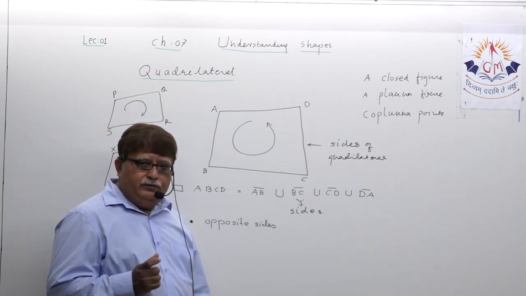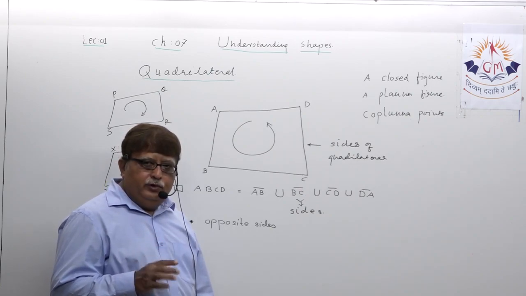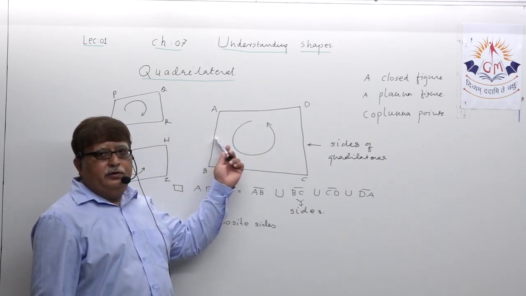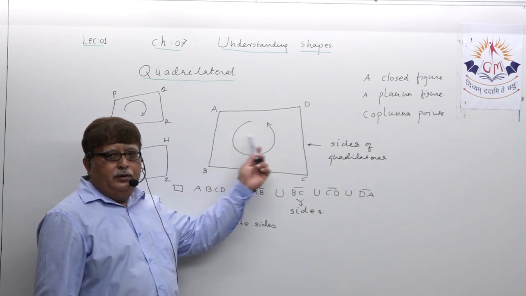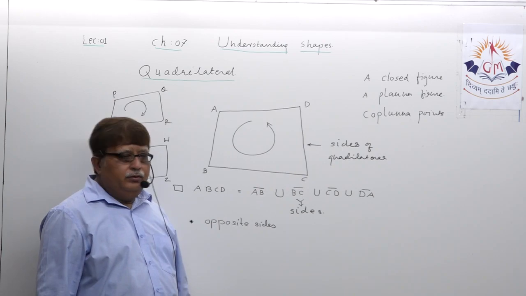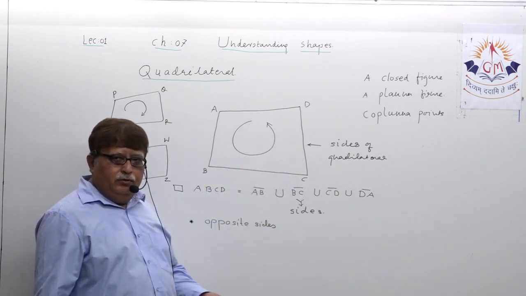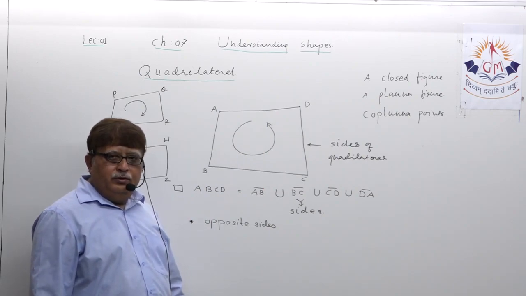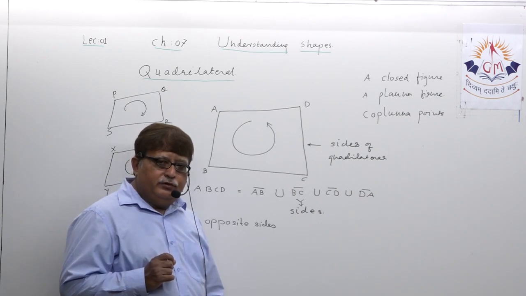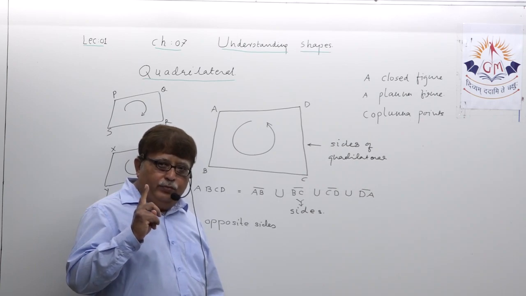Those sides which do not have any point in common are called opposite sides. Suppose you speak the name AB and CD. Do they have any point in common? No. AD and BC. Do they have any point in common? No. So how many pairs of opposite sides? Two pairs.